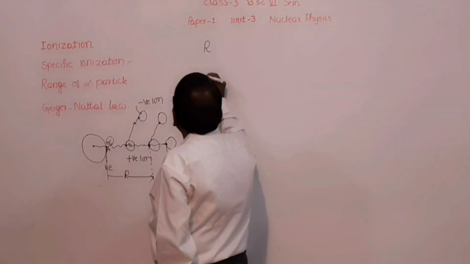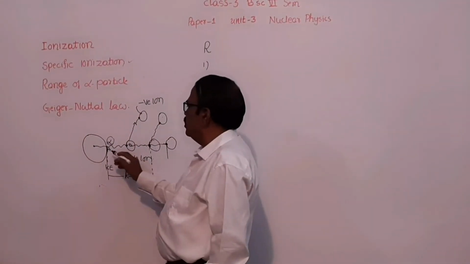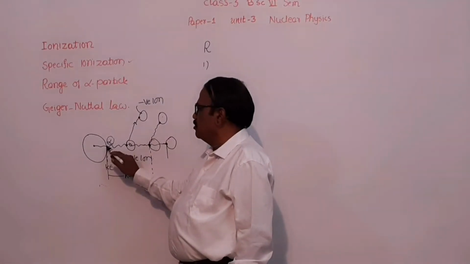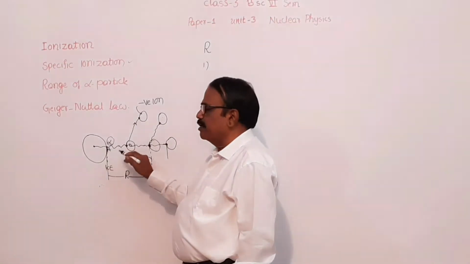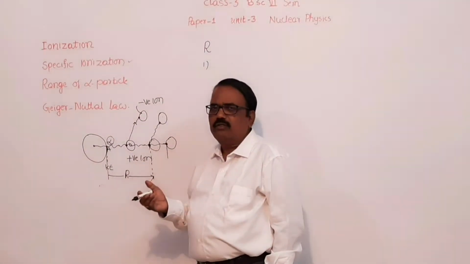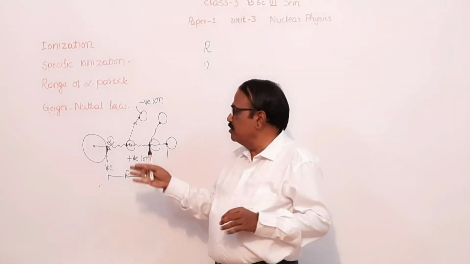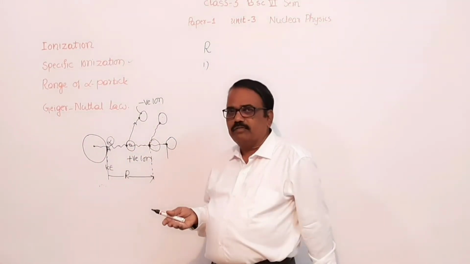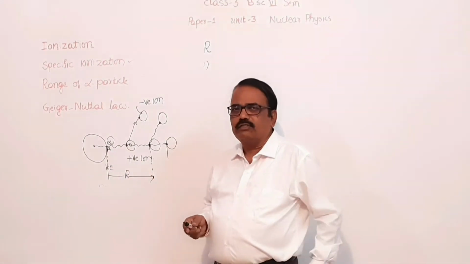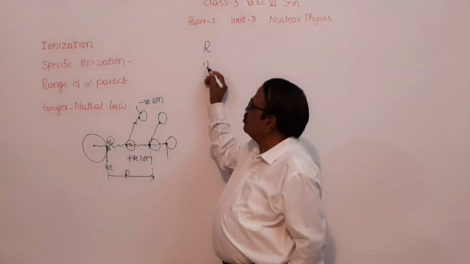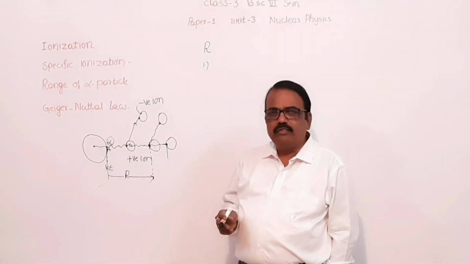So, first one, the range of the alpha particle depends on the kinetic energy with which the alpha particle is emitted. So naturally, if it has got large kinetic energy, it travels longer distance. If it has got less kinetic energy, it travels smaller distance. Range depends on the initial energy or kinetic energy of the alpha particle.